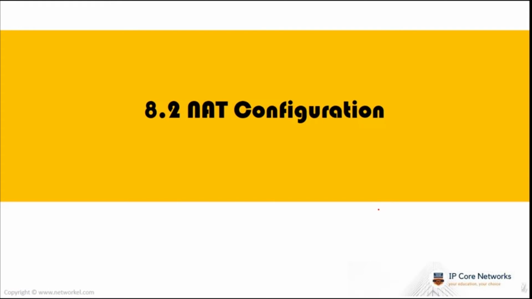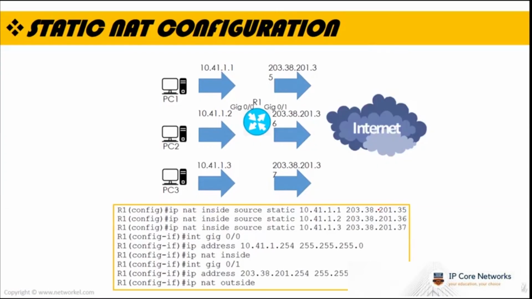Let's go ahead with the NAT configuration. To configure a static NAT, we are typing ip nat inside source static, and we are typing our private and public IP addresses that we want to convert.